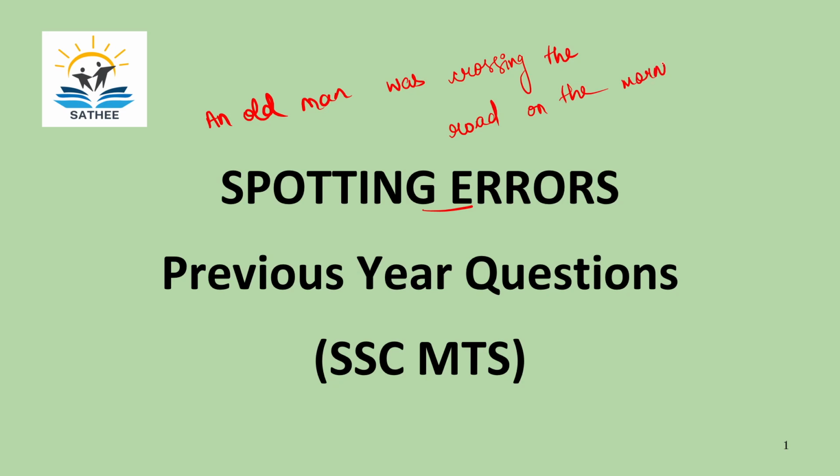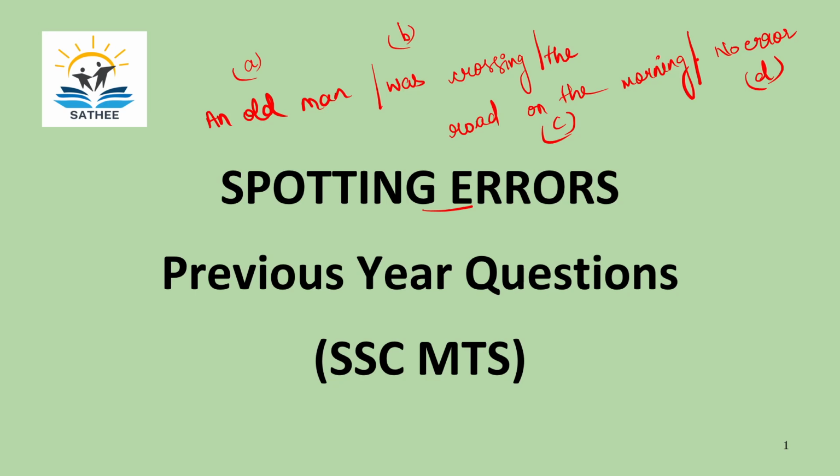Now, this is the sentence which is given to us, but the sentence is divided into various parts like A, B, C, and D. Now, this is A part, this is B part, this is C part, and there is one more part that is no error. This is D part.